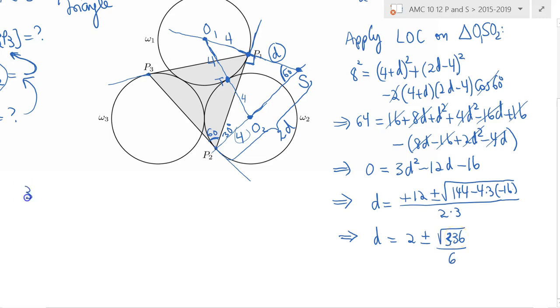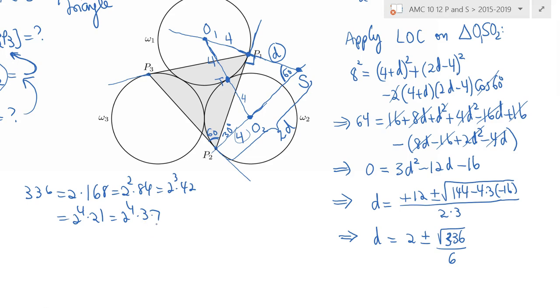Let's factorize that 336 monster. That would be 2 times 168, 2 square times 84, 2 cubed times 42, 2 to the 4 times 21, 2 to the 4, 3, and 7. That wasn't what I exactly expected, but I guess better than nothing.